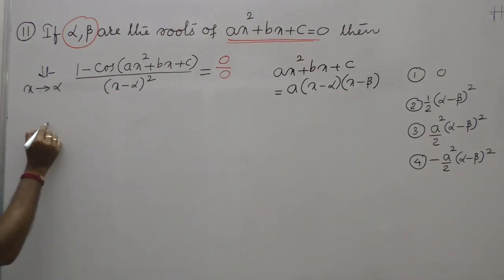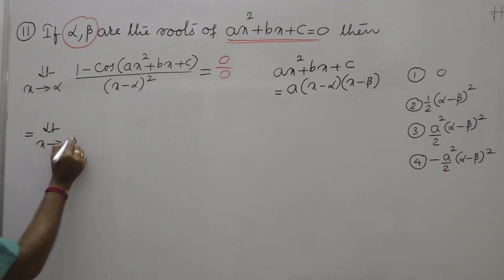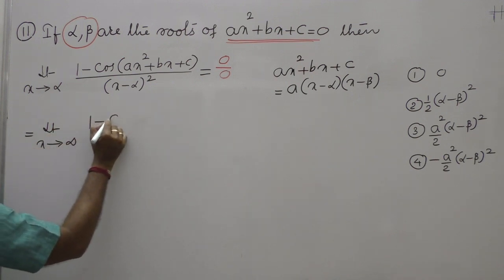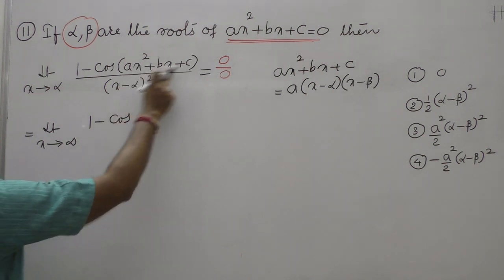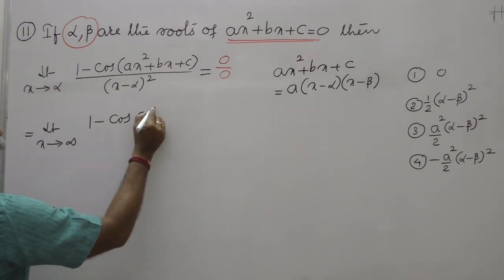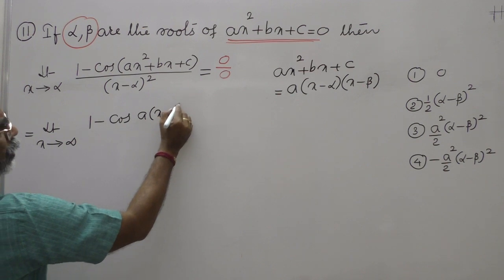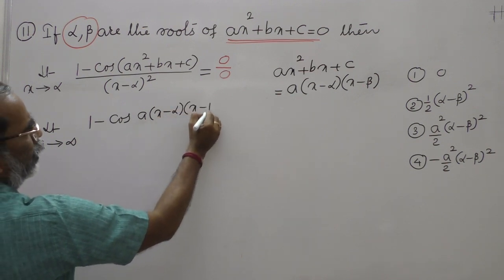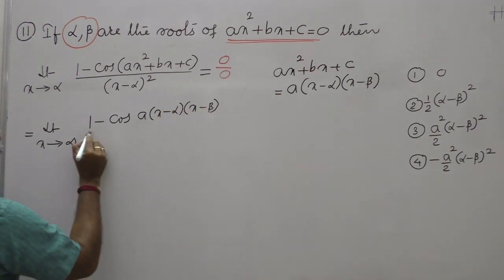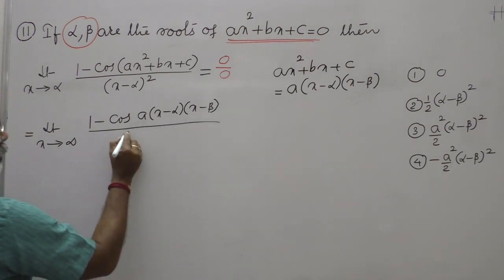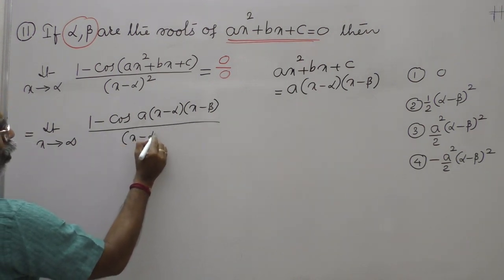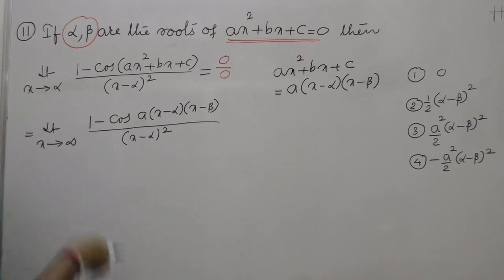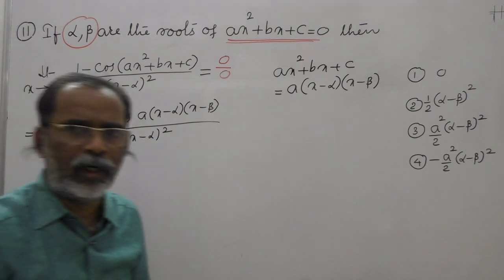Therefore, since it is 0 by 0, I am proceeding like this. What is this? 1 minus cos of... Here I can write a into x minus alpha into x minus beta whole divided by x minus alpha whole square. Still it is indeterminate only.